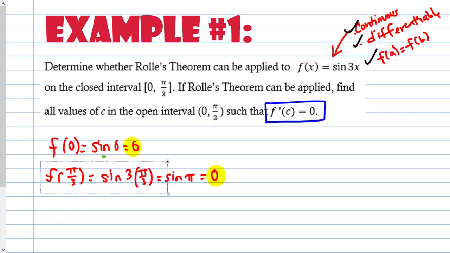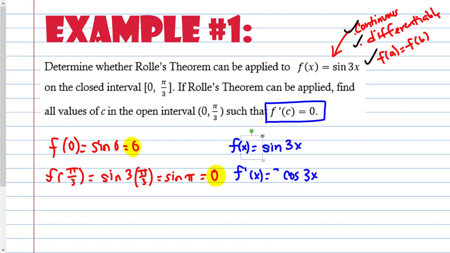The derivative of sine of 3x is cosine 3x times 3, because 3x is a u, and so times du.